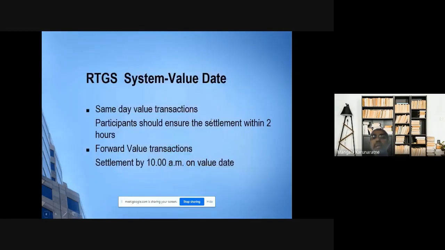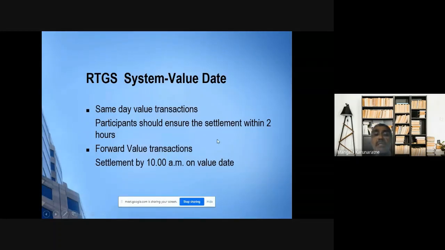Same day value transactions. Participants should ensure the settlement within 2 hours. This 2 hours is the maximum, but there are now rules inside the different banks, maybe within half an hour you have to settle. Earlier instructions were something like this, so that's why I have put 2 hours.